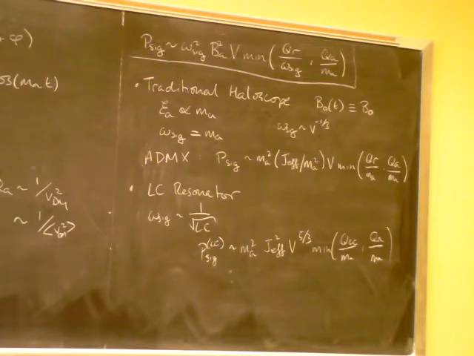So if we draw an axis here where this is now frequency, we have one frequency omega 1, another frequency omega 0, which are nearby in this cavity. And we have, let's say, an axion mass oscillation frequency, which is much, much smaller, but where the difference here, omega 1 minus omega 0, is equal to the axion mass.